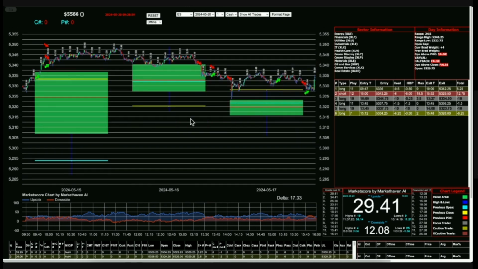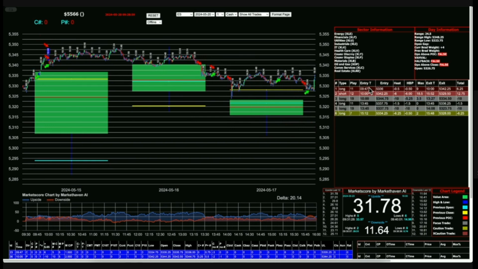The basic gist is that Marketscore decides the trades that it will take. The movement of Marketscore is what decides when it gets into a trade. Whether or not it takes a focus trade is based on the value data. But the value data or the focus trades will only trigger if it's already in a trade.